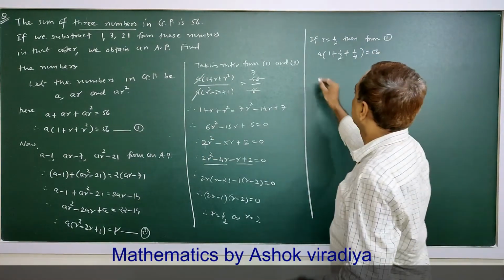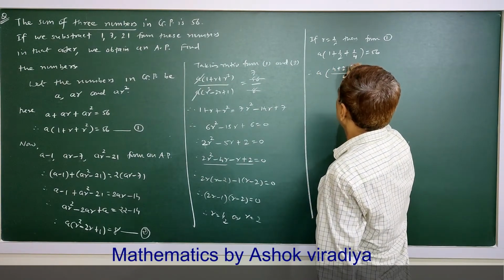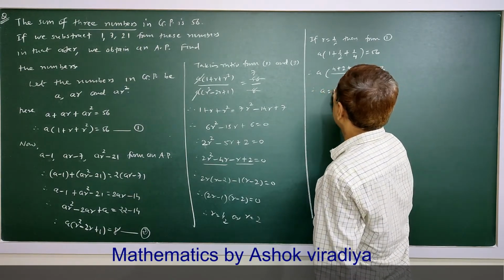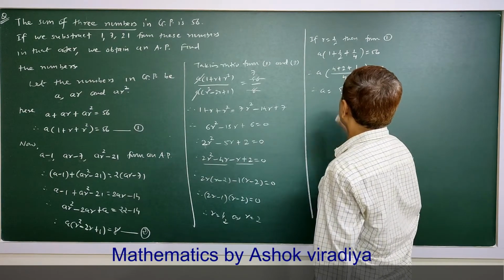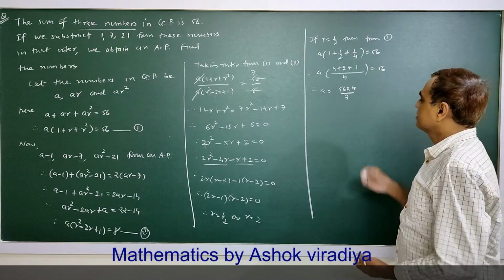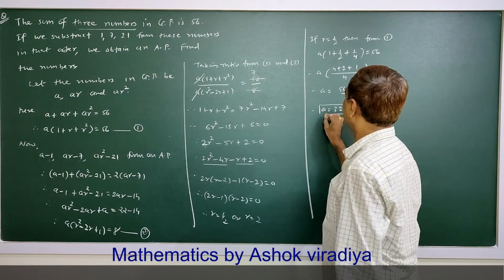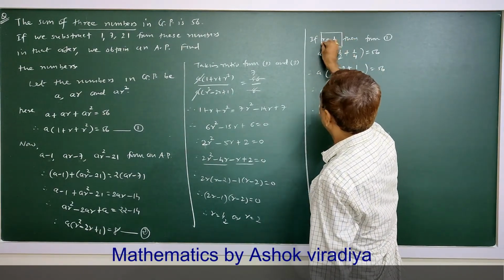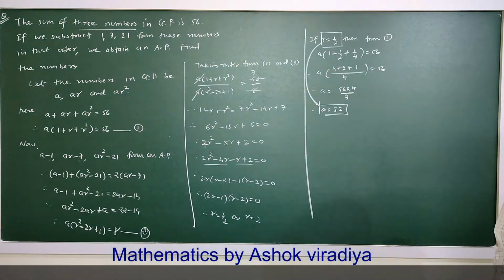So A into, here 4 is LCM, 4 plus 2 plus 1 is 56. So A is 56 into 4 upon 7. So A is 32. So when R is 1 by 2, at that time A is 32.